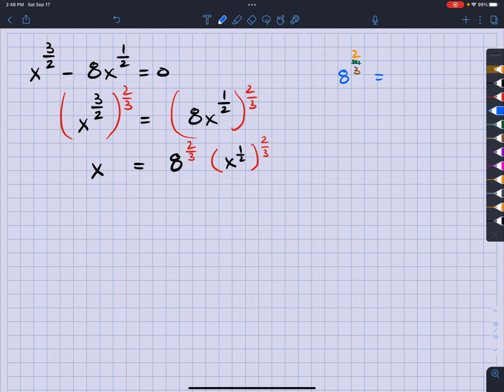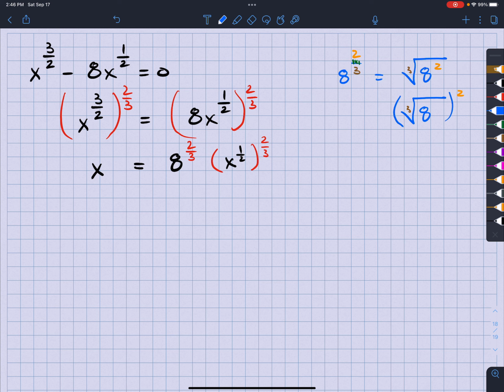So essentially this is going to be 8, the power is a 2, and the root is a 3, so I'm doing the cube root of 8, squared. I can also do this as the cube root of 8, squared.